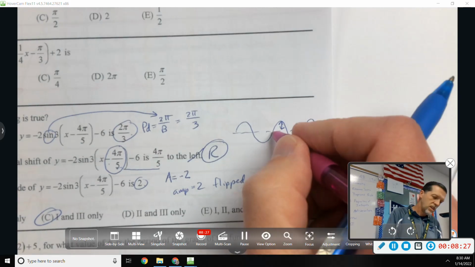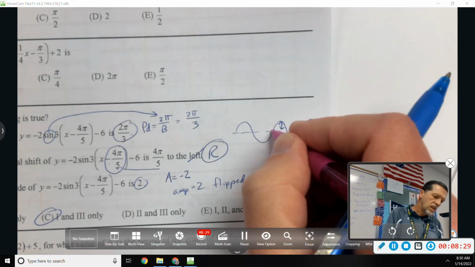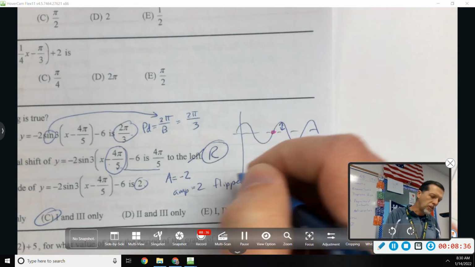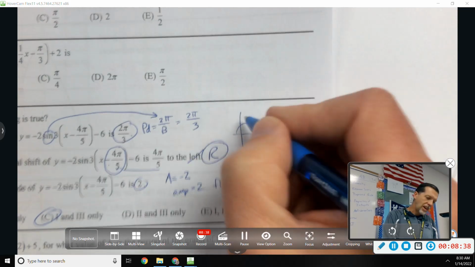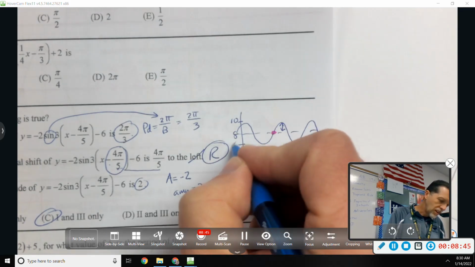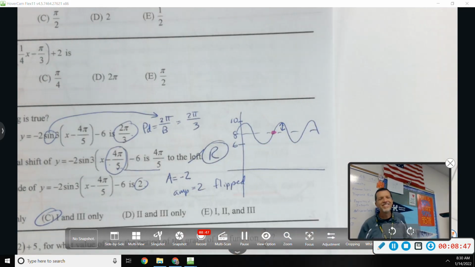And the amplitude is the highest point? The height above the midline. Right? So be careful if your axis is down here and this is 10, then amplitude's not 10. Amplitude's 2.